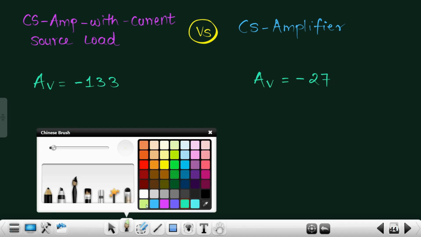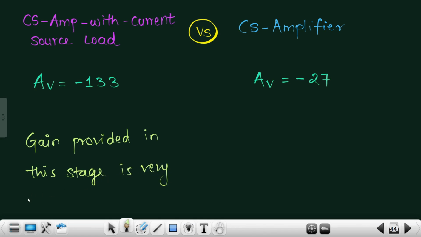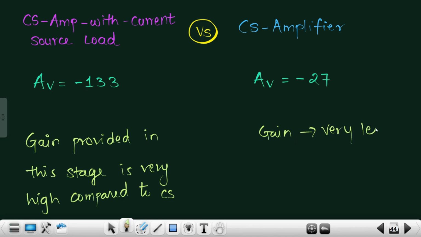Okay, so this was the important conclusion: the gain provided in this stage is very high compared to the normal CS stage, whereas the gain provided over here was very less compared to the CS amplifier with the current source load.